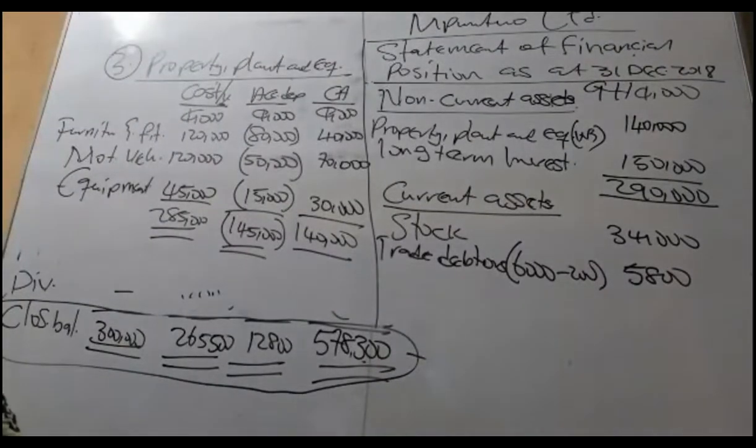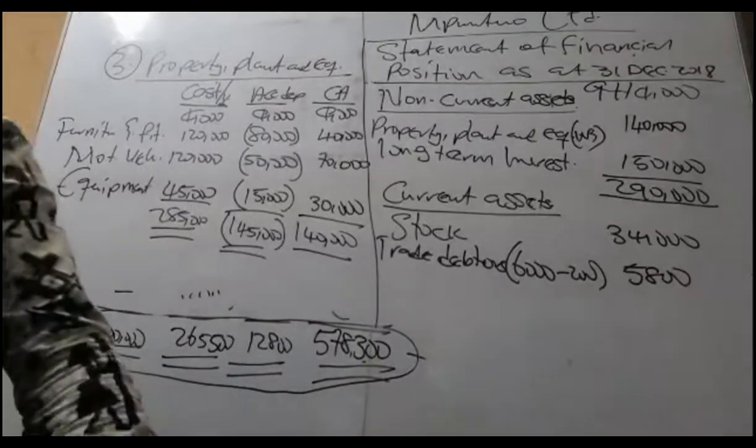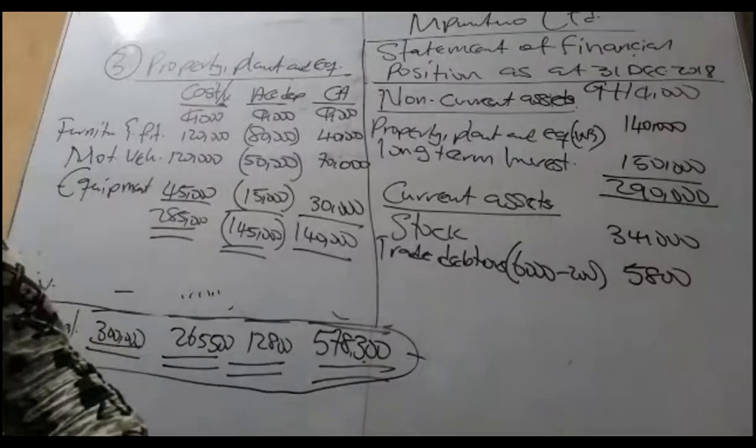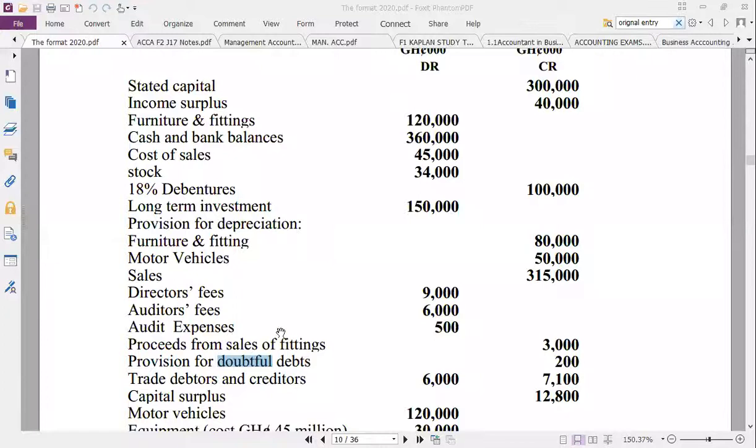Then from trade debtors, you go to cash in hand and cash at the bank, or cash and cash what? Equivalent. Cash and cash equivalents. Good. Now let's see if you have cash and cash equivalent. I can see cash and bank balances 360,000.